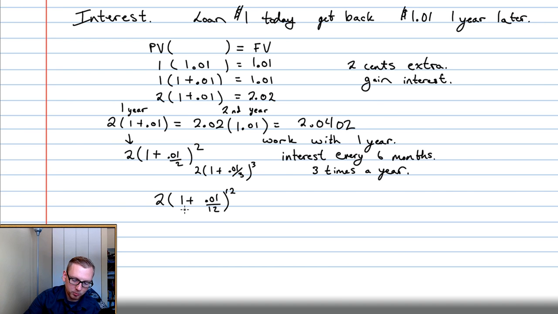I wondered why my numbers were blowing up for some reason. I was missing an aspect. 1 plus 0.01 divided by 2 to the power of 2. This will give us 2.02005.